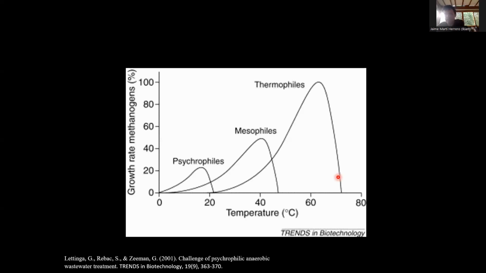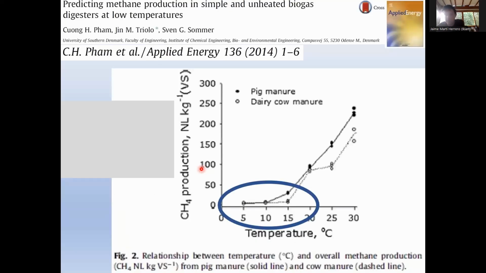These digesters are not heated, so they are not working at 35 degrees. They are working at lower temperature. So usually when you go to Europe and you say that you are working with digesters that are not heated, what the people say is you are working with a very low efficiency in these conditions. That is what they say, and also they have demonstrated it in laboratory conditions.